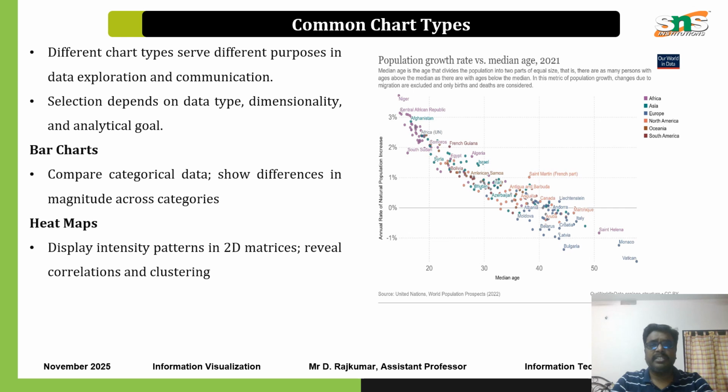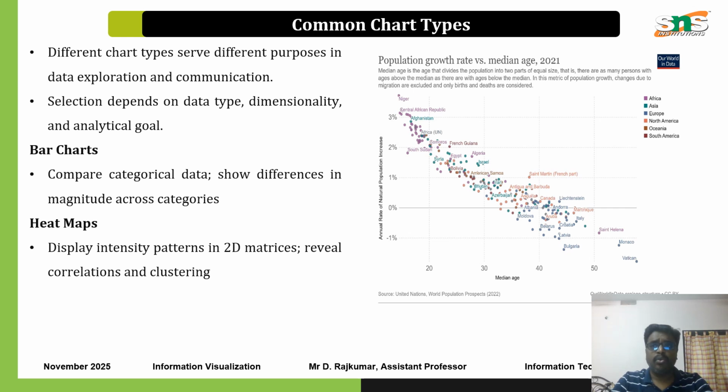The common types of charts used in visualization are bar charts and heat maps. Before going to that, we have different types of charts which serve different purposes in data exploration and communication. Selecting a good type of representation with the help of data type, dimensionality, and analytic goal is a very important process.